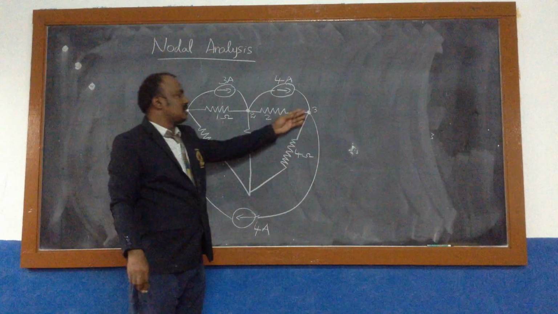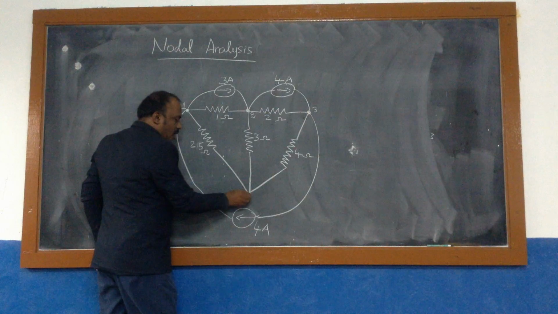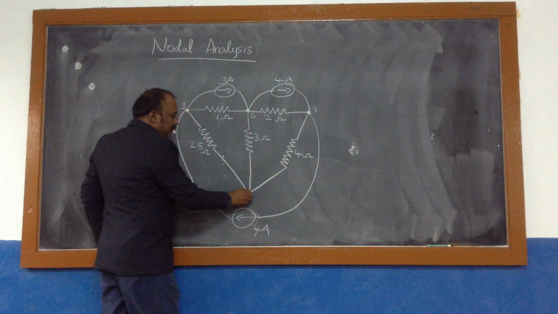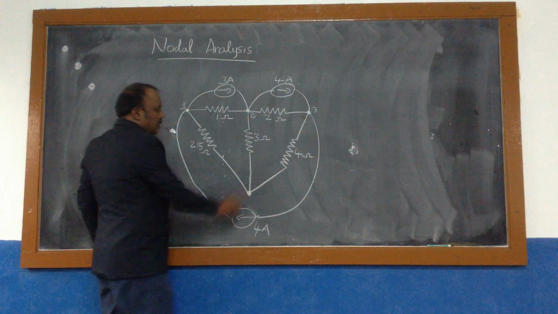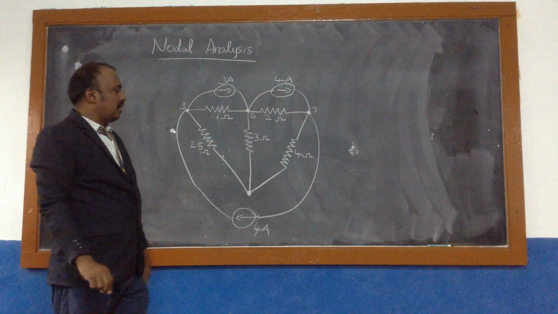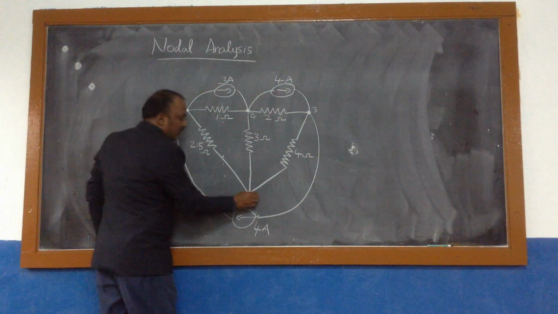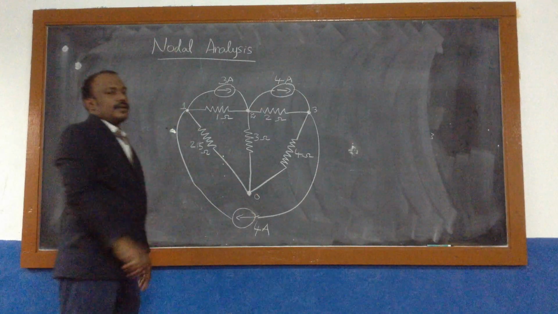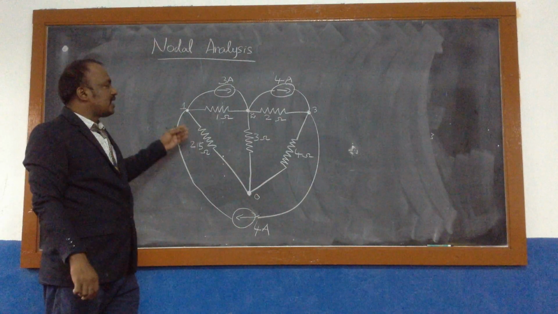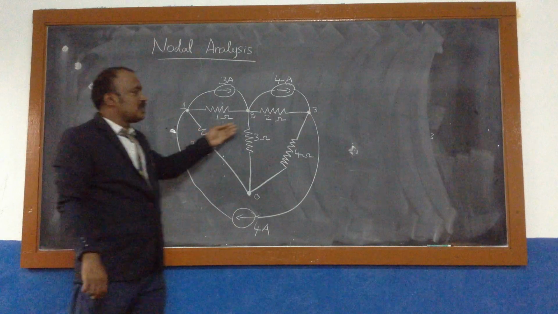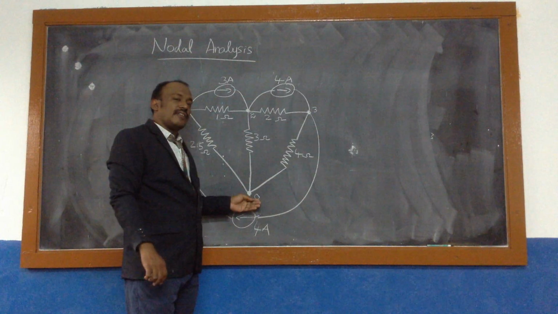And the next junction is the junction where the maximum number of branches are connected, and this can be considered as the reference node. So now we can say there are 4 nodes, 3 are active and 0 is the reference node.